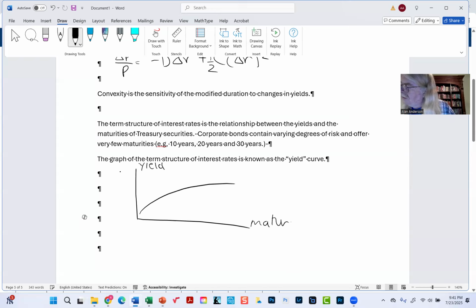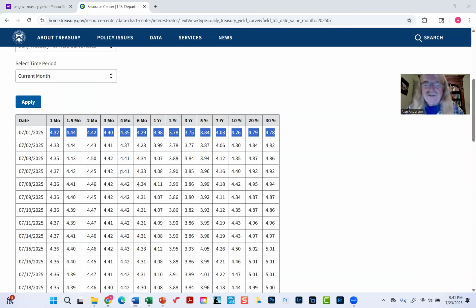Now, in normal times, the yield curve tends to be upward sloping. It's been a while since we had normal times in the interest rate markets here. If you look carefully at these, you'll see that it is increasing towards the end of the yield curve over here, but you've got this section in the middle where it's sort of dipping down.